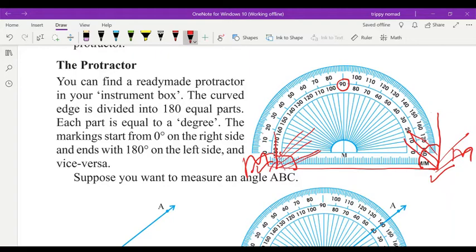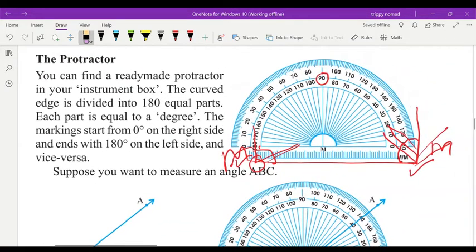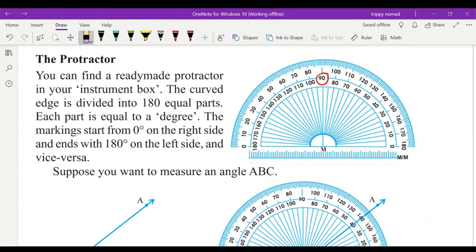So if you have to draw on the left side, you have to observe the lower scale. These measures you will see. If you have to make the angle on the right side, then you will observe the upper scale. So this thing is clear.